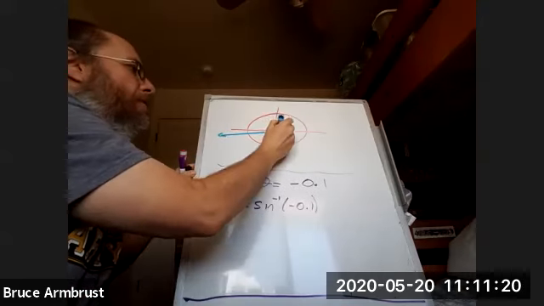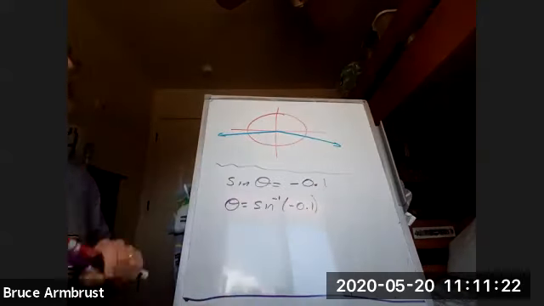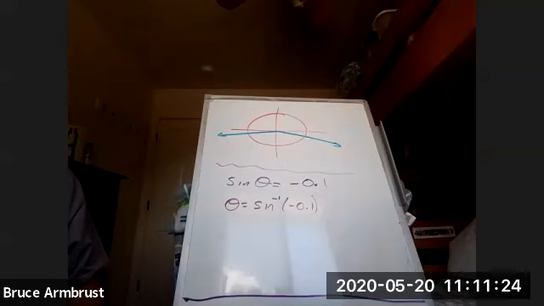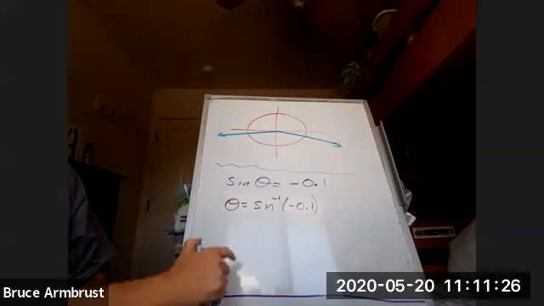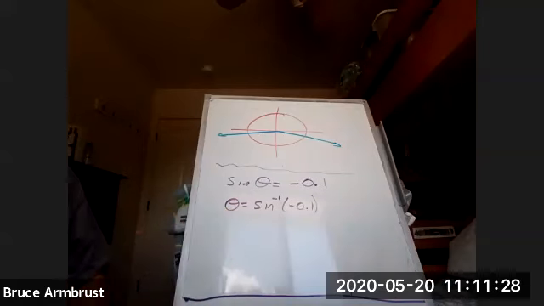And the quadrant 4 angle, symmetry, is going to be over there. And this theta, the one that inverse sine is telling us, is one of those two. Which one? Is it the quadrant 3 or quadrant 4 angle? All right, thanks, Diego. He just says quadrant 4, and that is correct.